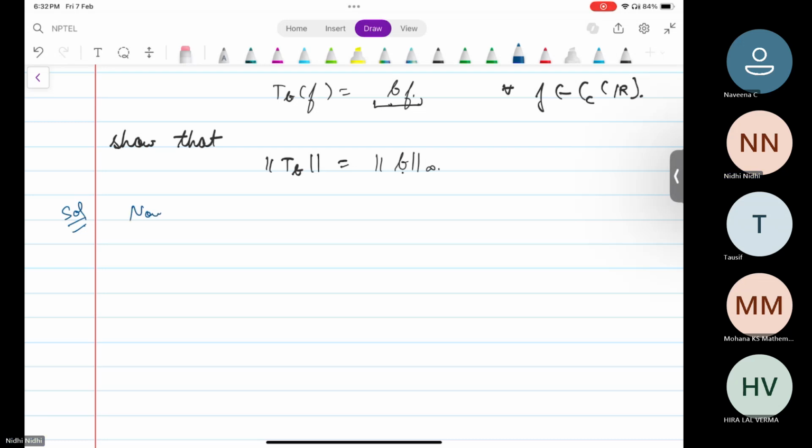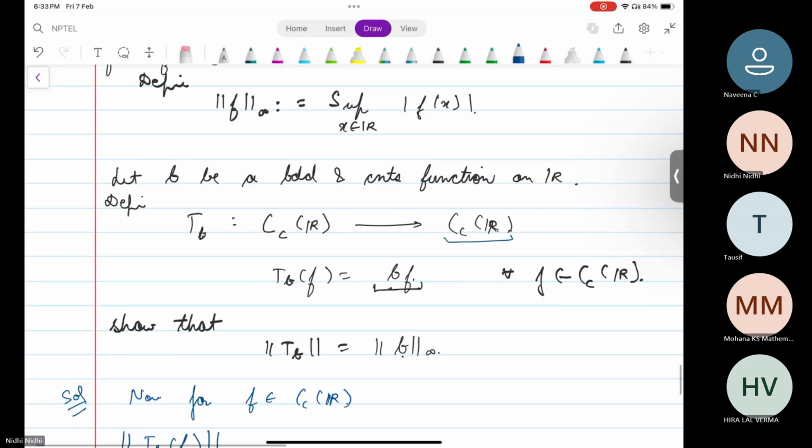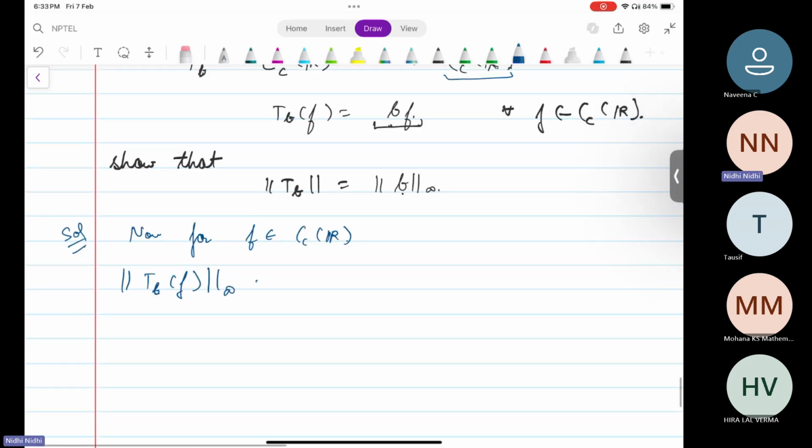Now, for f belonging to C_c(R), we have the infinity norm of T_B f. T_B f is an element in C_c(R), and there we have the supremum norm.